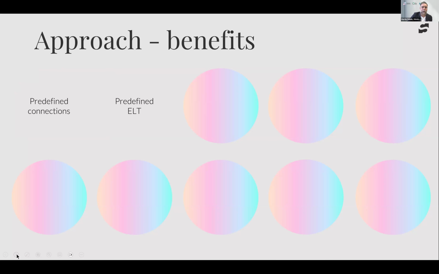ELT, so the system will know how to handle the data coming in from SAP. It will know how to interpret, combine, transform your data. It will know how to create your predefined data marts. It will have everything ready for analytics. And you have the predefined analytics as well, with the dashboards, starting with the raw data in SAP all the way to the end with your dashboards.